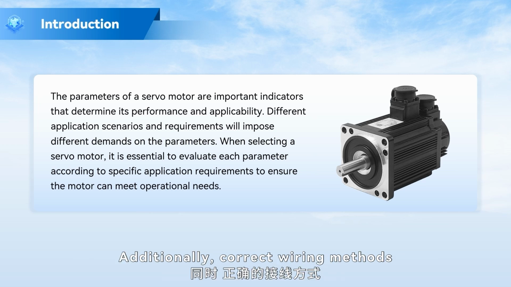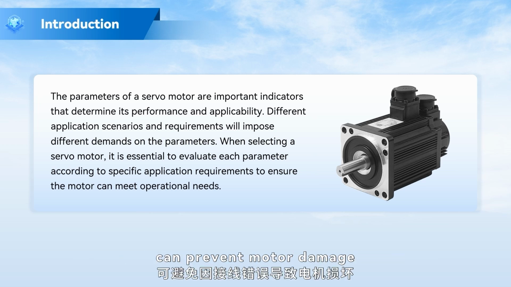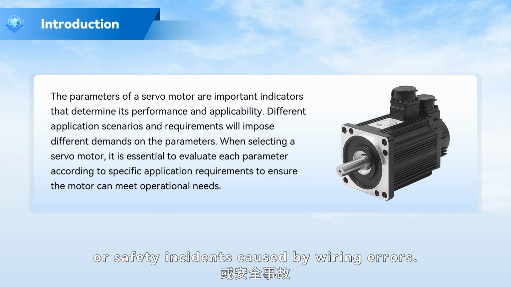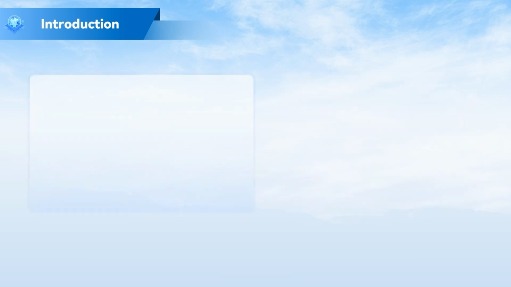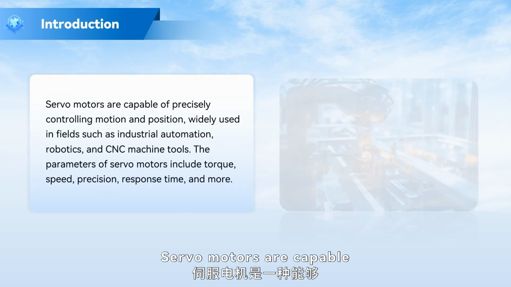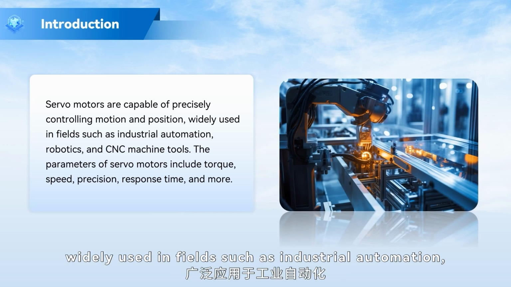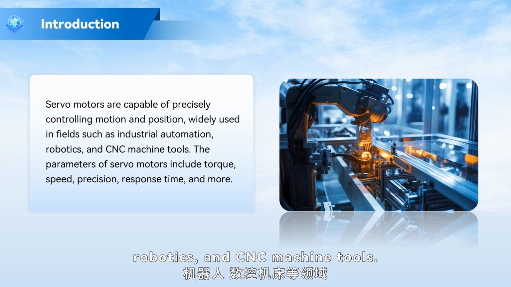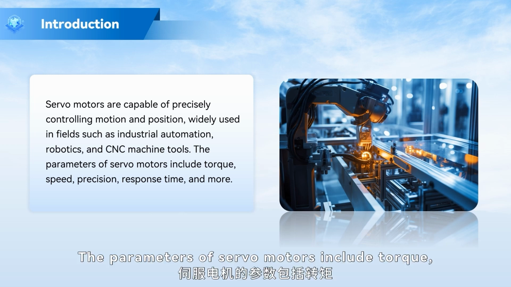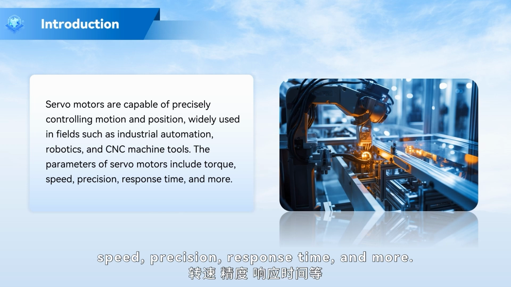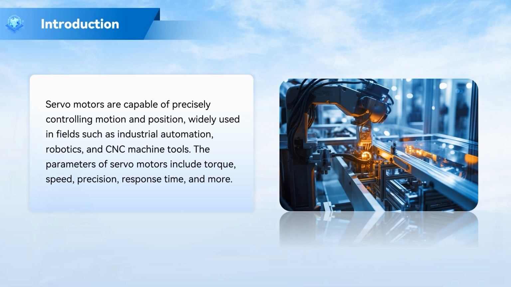Additionally, correct wiring methods can prevent motor damage or safety incidents caused by wiring errors. Servo motors are capable of precisely controlling motion and position, widely used in fields such as industrial automation, robotics, and CNC machine tools. The parameters of servo motors include torque, speed, precision, response time, and more.